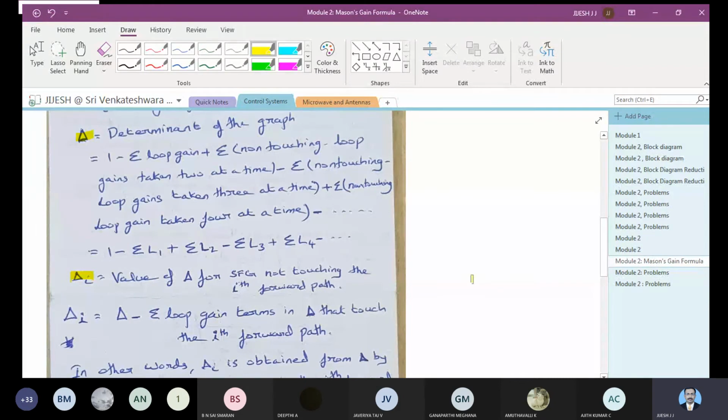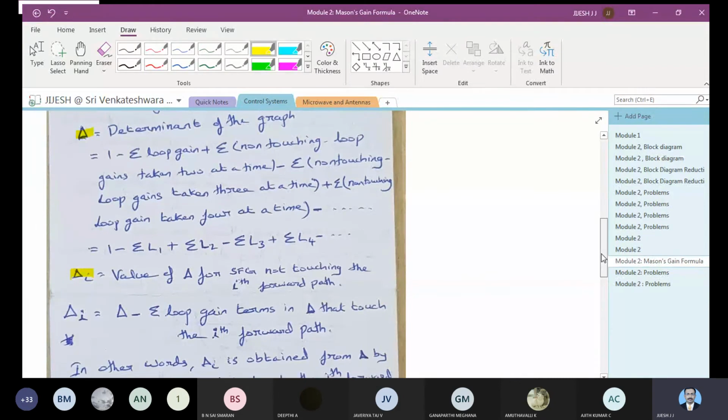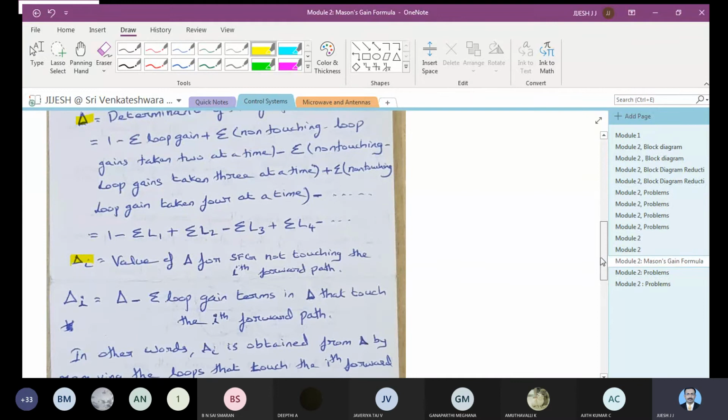We will go with the problem, and then it will be more clear how this delta I works. With an example, you will be able to understand in detail what exactly these loop gain terms in delta that touch the ith forward path indicate.